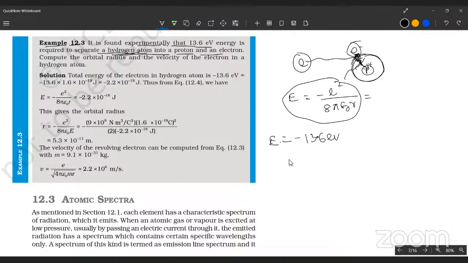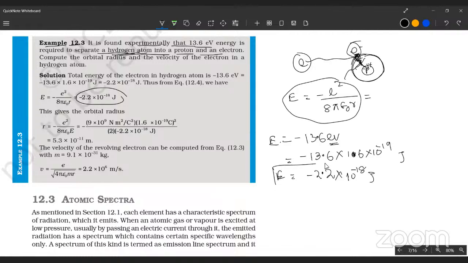If you convert to joule, how will you convert? You will multiply by 1.6 into 10 to the power minus 19, so that it will be converted to joule. So 13.6 into 1.6 into 10 to the power minus 19. If you multiply, you will get minus 2.2 into 10 to the power minus 18 joule.